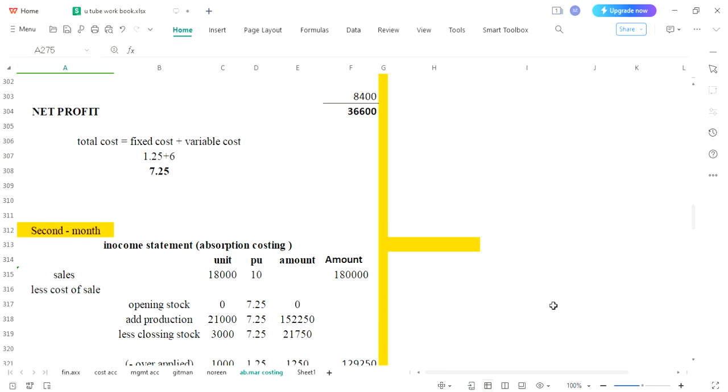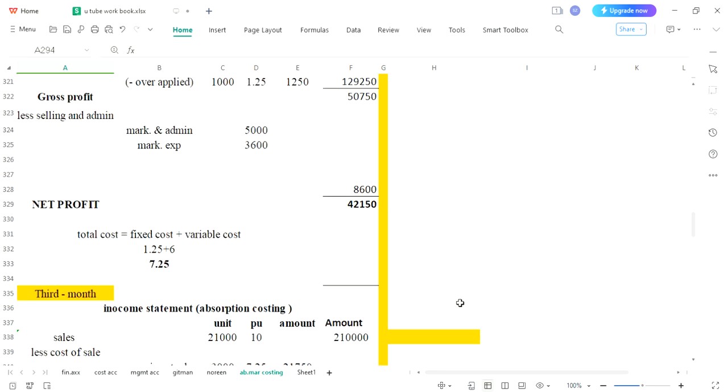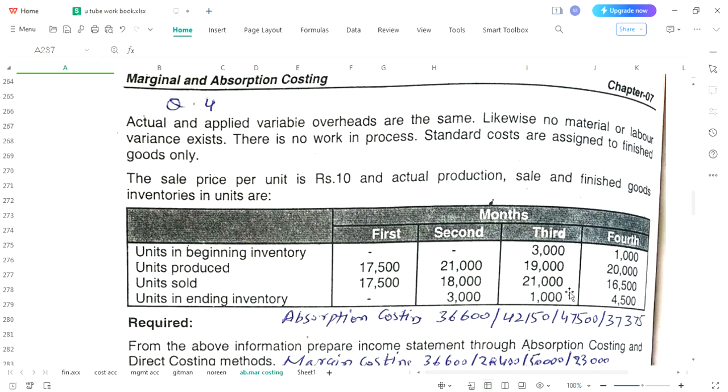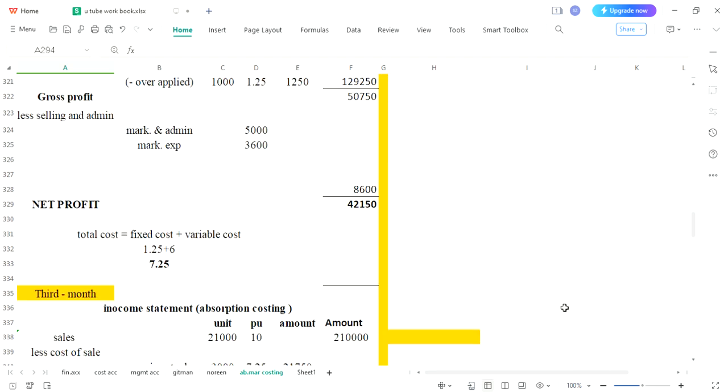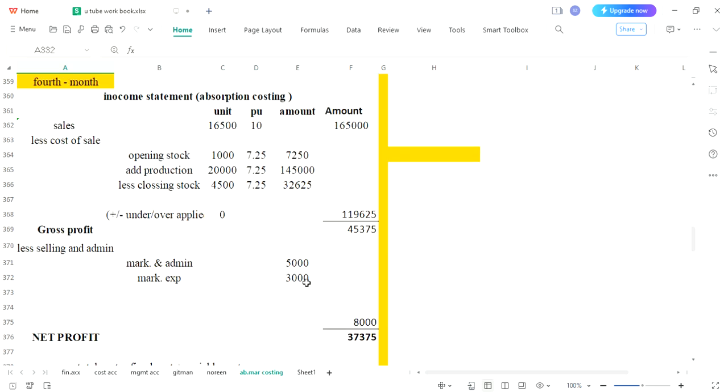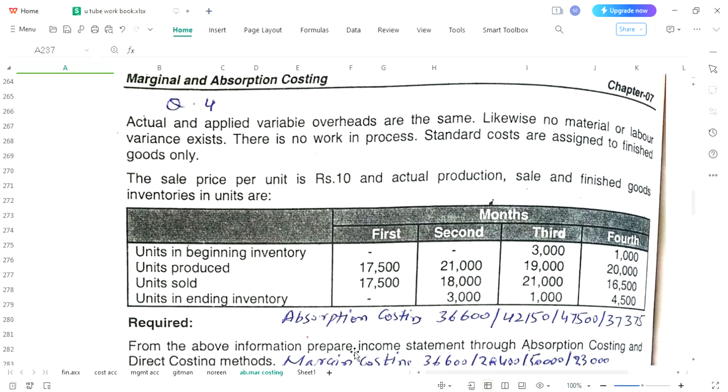This is your second, and 42150. For third month 47500. This is your third month, and answer is 47500. For fourth month we have 37375, and we have 37375.